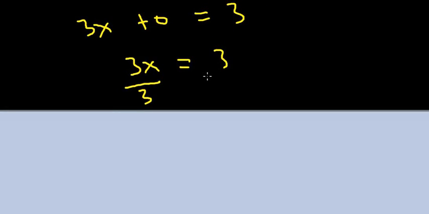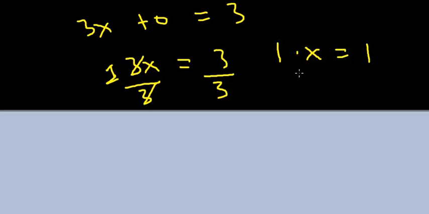So I'm going to divide both sides by 3, and look what happens here. The 3's cancel out, leaving me with a 1, and 3 divided by 3 is 1, so we get 1x is equal to 1. Anything times 1 is itself, so x is equal to 1.